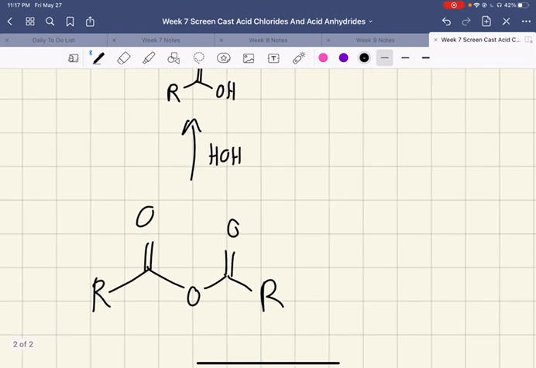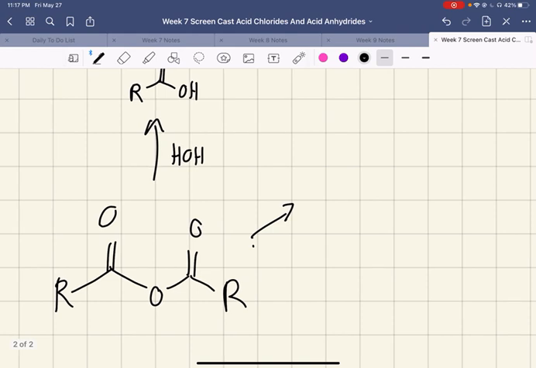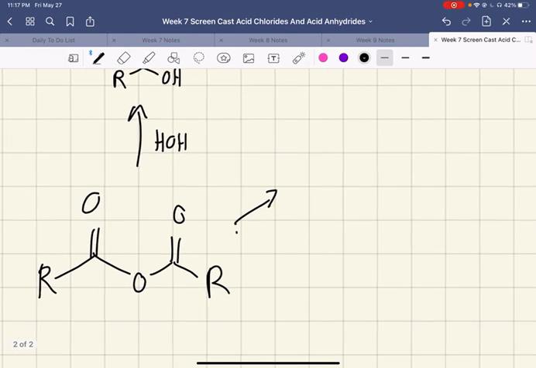So first acids will be formed. Now this will be the primary amine, NH3, and it'll yield a primary amide.